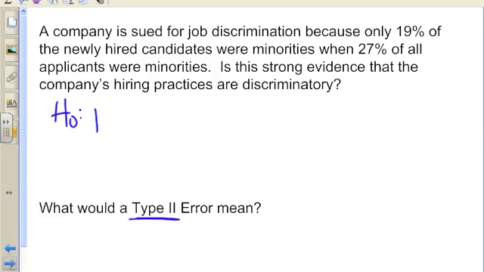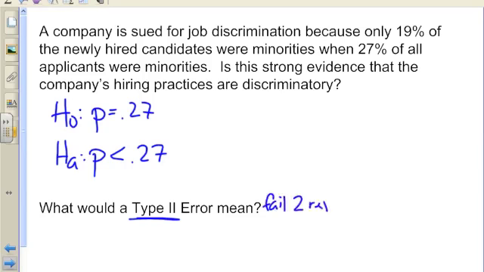So remember, the null and the alternative. All right, so a type 2 error would mean we fail to reject. Okay, so that means we're kind of saying this one.